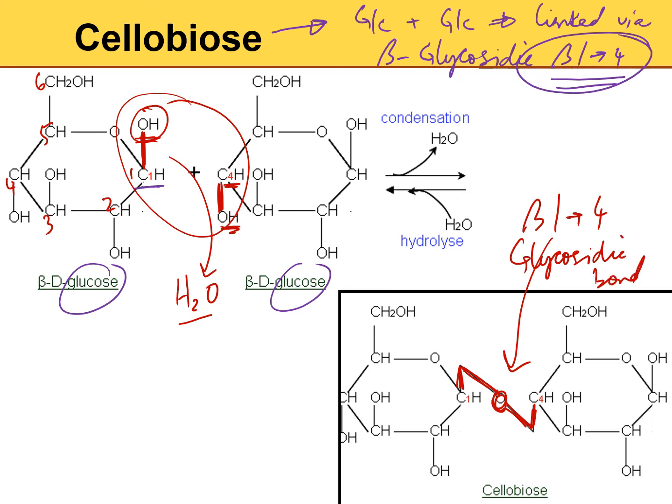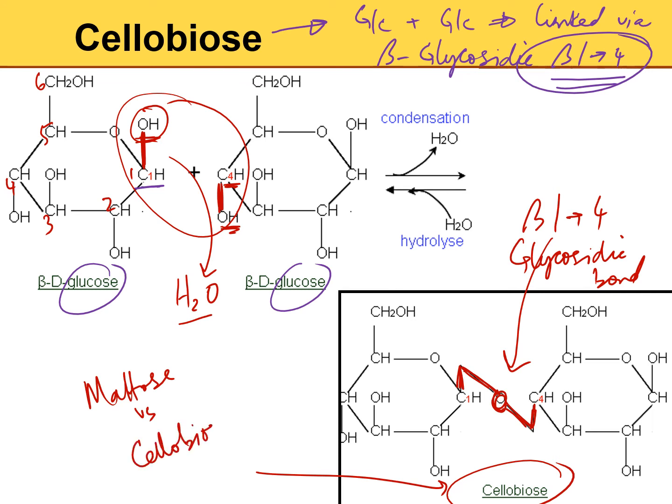And what you get is a different disaccharide called cellobiose. So maltose is different, maltose versus cellobiose. So please make sure you understand the difference between the two.